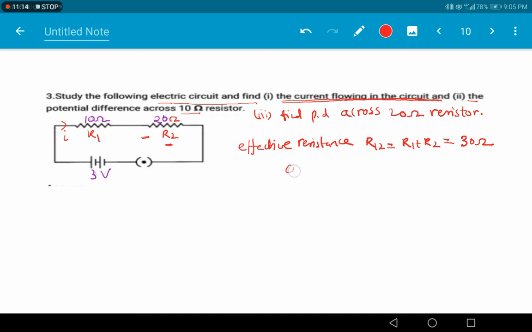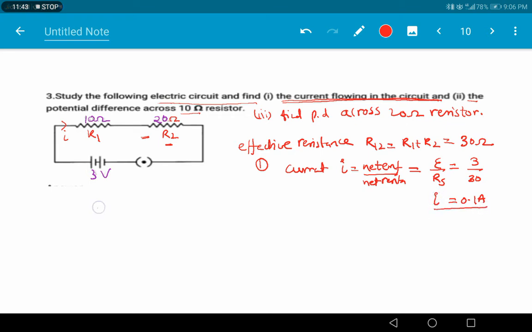Now the current in the circuit. I is equal to net EMF by net resistance. So net EMF E by R in series combination, 3 by 30, your answer will be 0.1 ampere. So this is the current in the circuit.